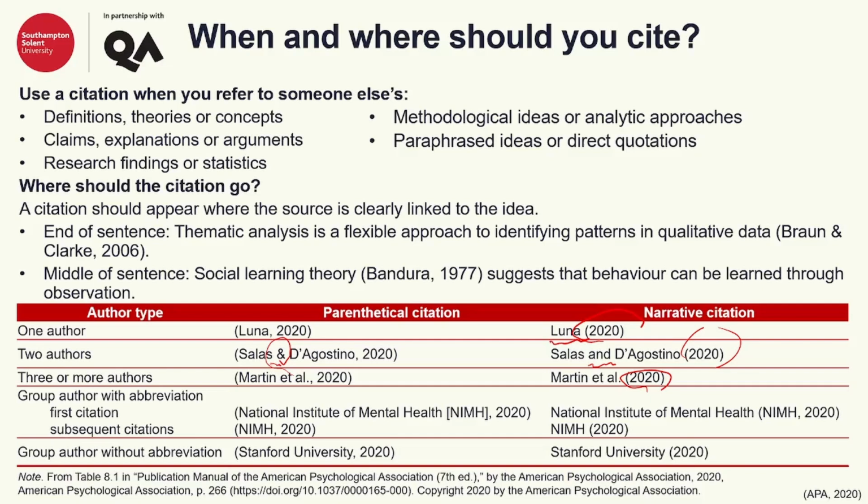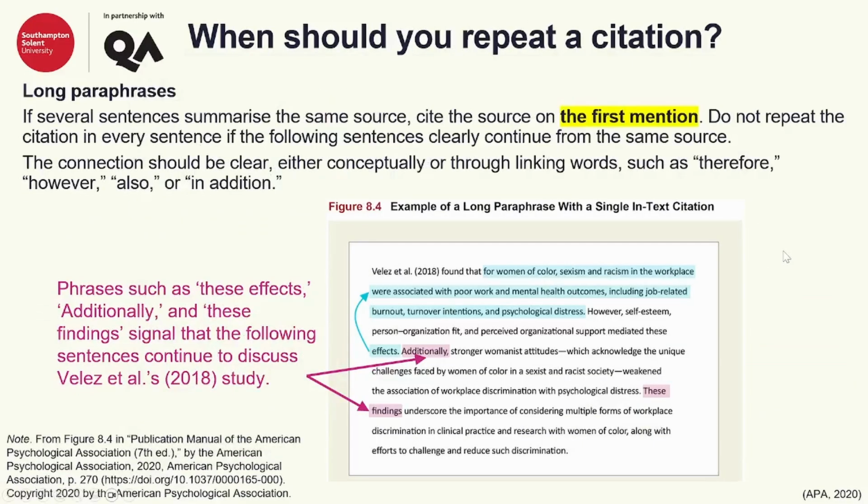Readers should be able to identify which source supports each idea and then look at the full detail in the reference list. This becomes particularly important when a paragraph includes several sentences or several different sources. When several consecutive sentences paraphrase the same source, you do not necessarily need to repeat the citation in every sentence.